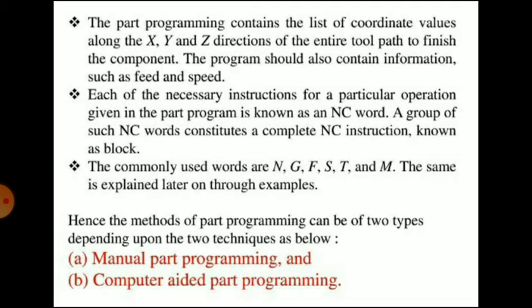Each of the necessary instructions for a particular operation given in the part program is known as an NC word. A group of such NC words constitutes a complete NC instruction known as a block. The commonly used words are N, G, F, S, T, and M. So the same can be explained in the next slide.